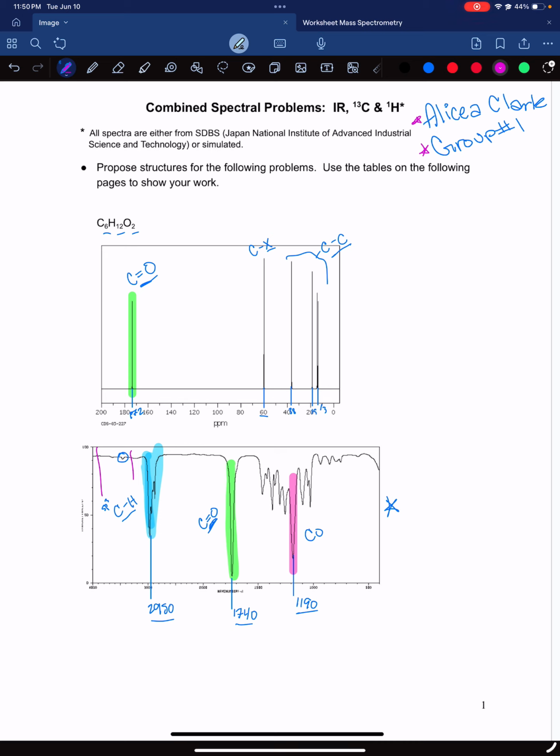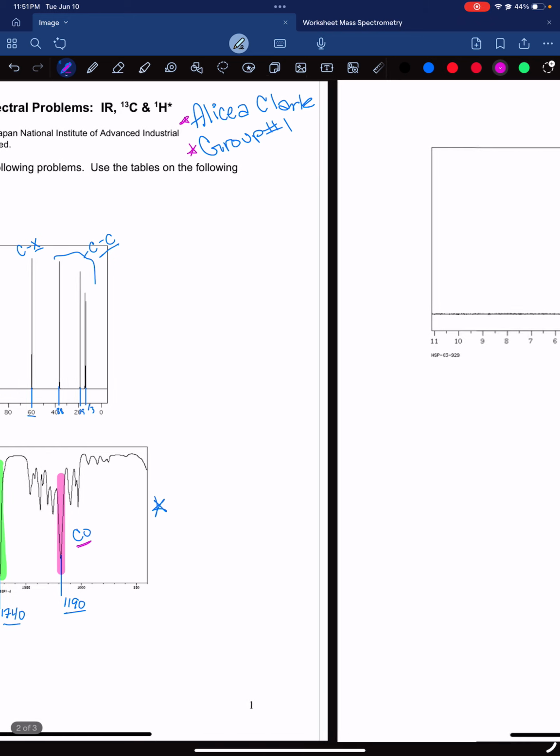We do not have that O-H loop that is usually present for carboxylic acids or alcohols, so I start to look elsewhere for what else could be using that oxygen. Over here we have this very large spike where our carbon is bonded to an oxygen. Because oxygen is super electronegative, it's loud, it likes to make itself known, so it usually causes super big spikes. So I marked that spike there at 1190.